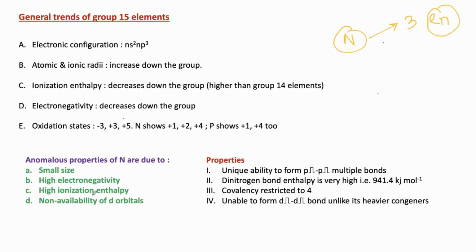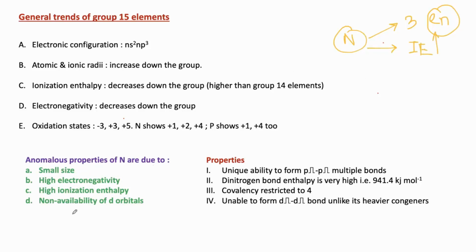It also has a high ionization enthalpy, because it has the electronic configuration 2s2 2p3, and to pull off the valence electron of 2p, which is quite close to the nucleus, the energy required is very high. So: high electronegativity, high ionization enthalpy.